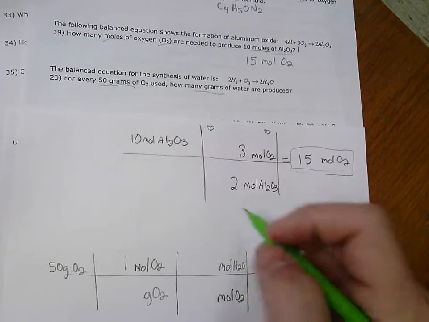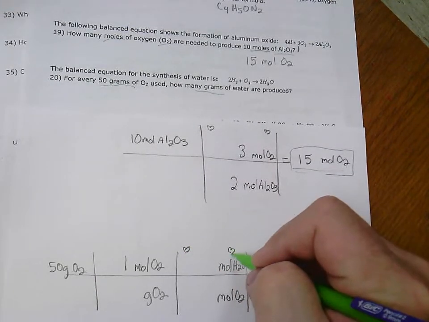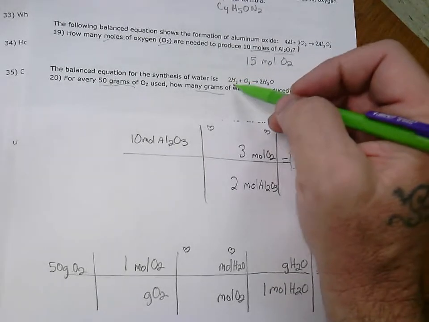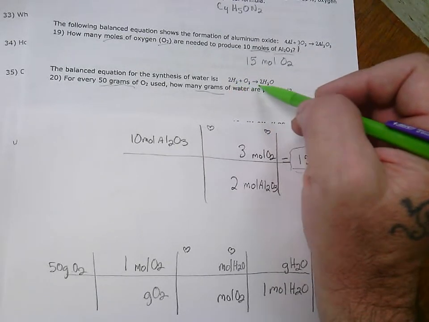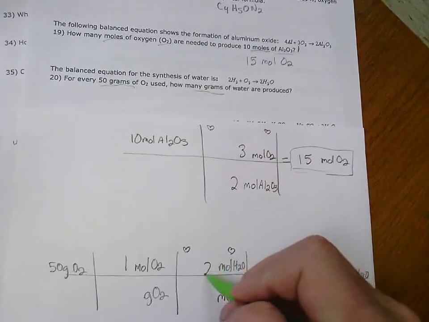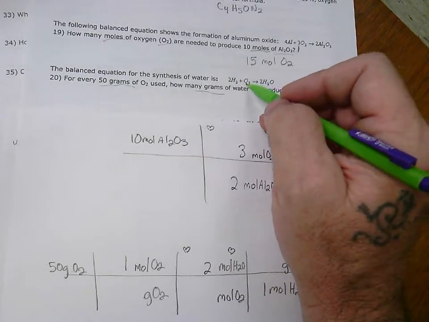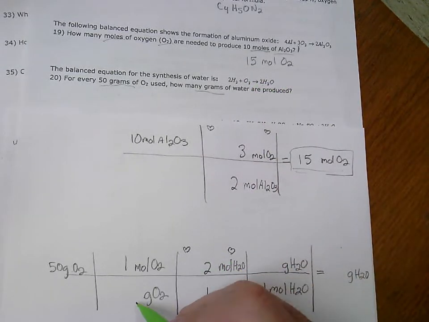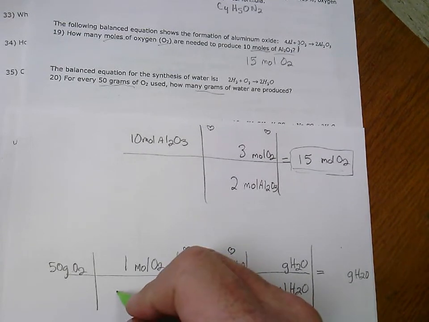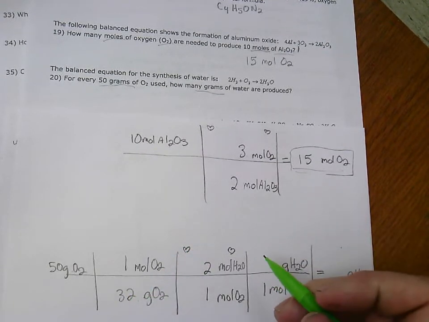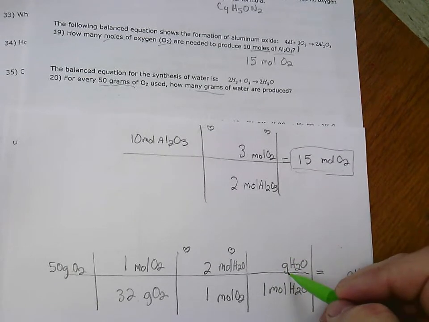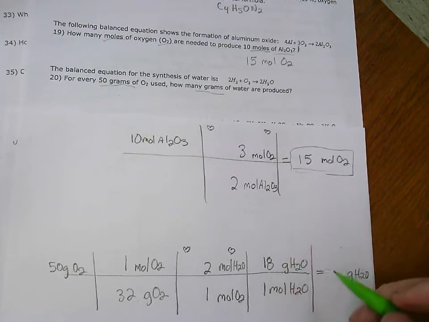Whenever I see moles over moles, I know that's the heart of the problem. And I start looking up here and seeing that I have 2 moles of H2O for every 1 mole of O2, and grams of O2, so that's 16 times 2, which is 32 grams of O2, and then grams of H2O. By now I would hope you memorize that it's 18, and then it's just a math problem.